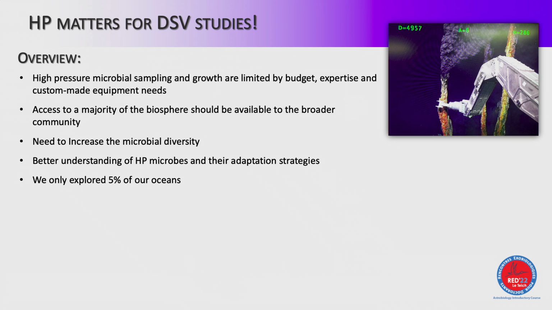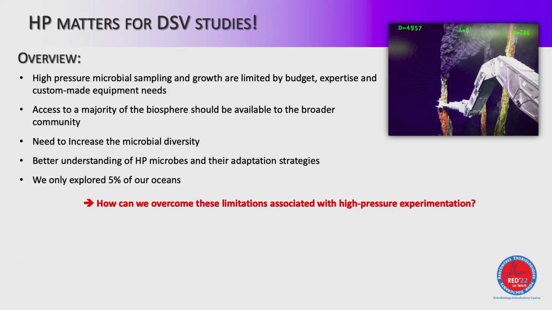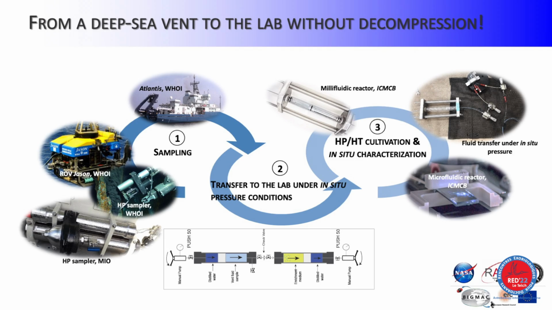So how can we overcome these limitations? We have different strategies going on. Examples of what we can do. As I mentioned, we are able so far to sample deep sea samples without any decompression and transfer them in the lab without any decompression.